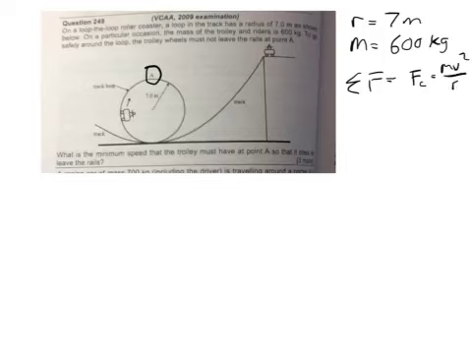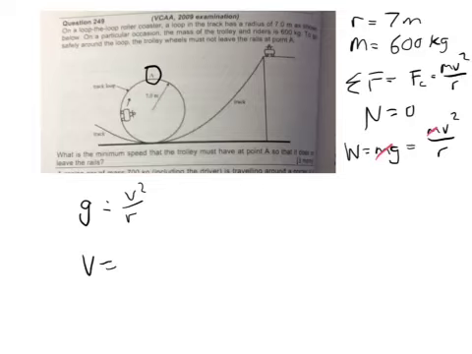If it's to just go around without leaving the tracks, then the normal force has to be equal to 0. That's because as it goes around, all of the centripetal force is going to be supplied by the weight force, and there's going to be no normal force pushing down and supplying any extra force to keep it going around the loop.